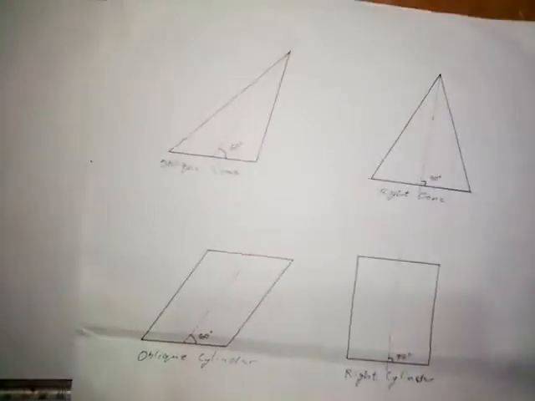Now, as I've said, an oblique cylinder is a type of cylinder in which the central axis is inclined at an angle. It can be angle 45, it can be angle 60, it can be angle 30. So whenever they want to give you such a question, they will give you a diagram and you'll be able to understand it as I'm going to explain it here right now.